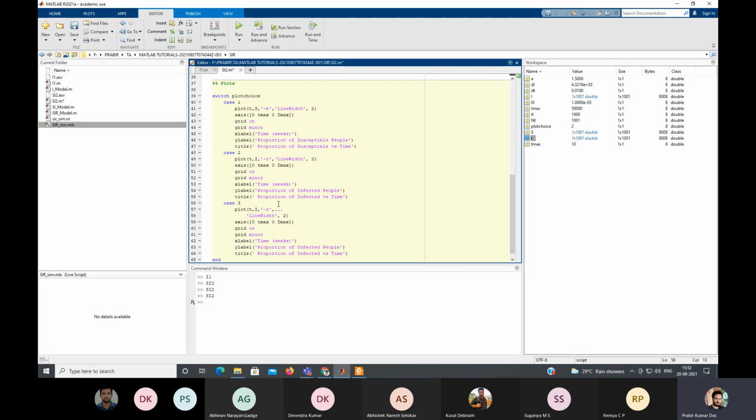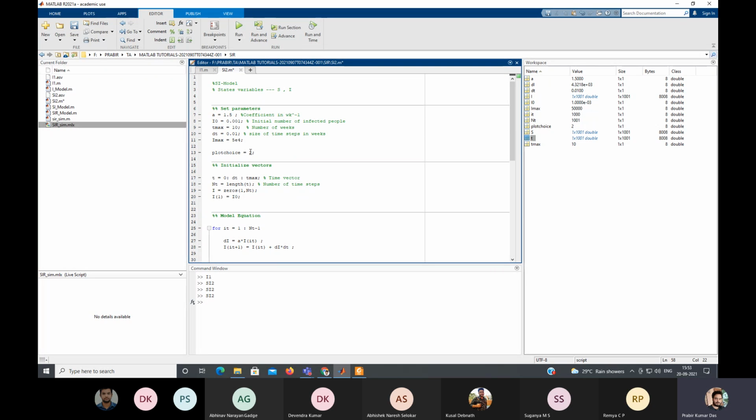After this we will plot T comma S. So T versus S it will plot, and we will make this a line with these two.